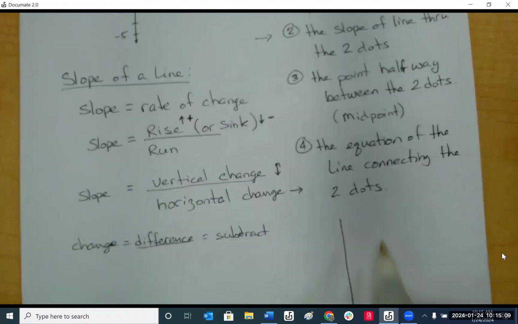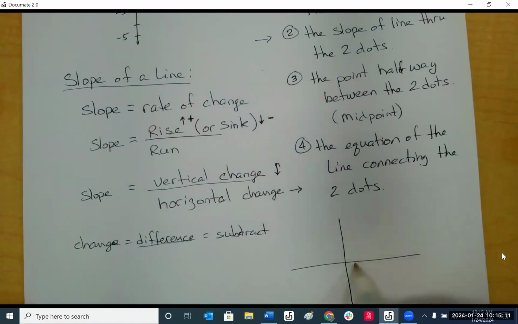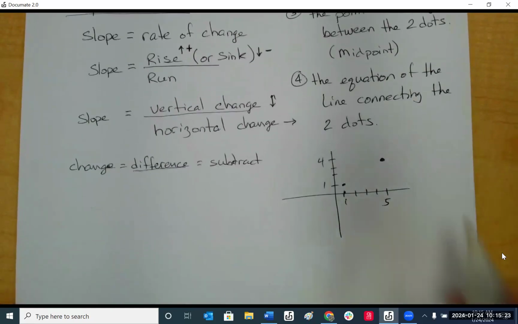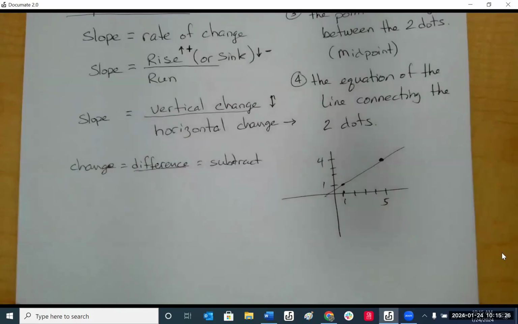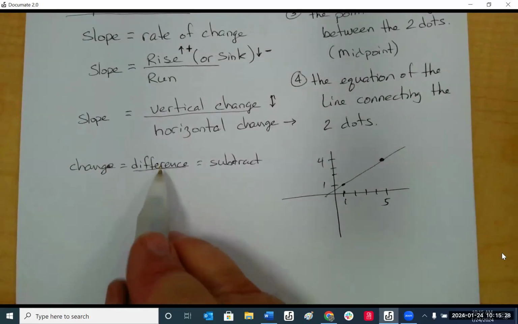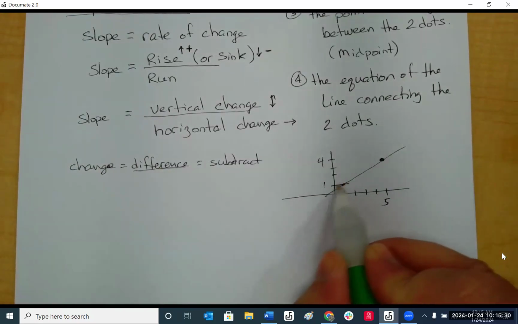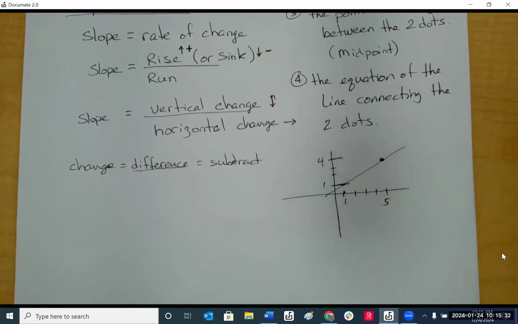So if we have our graph here, how would we define the vertical change? From here to here, how far does it travel? 3?